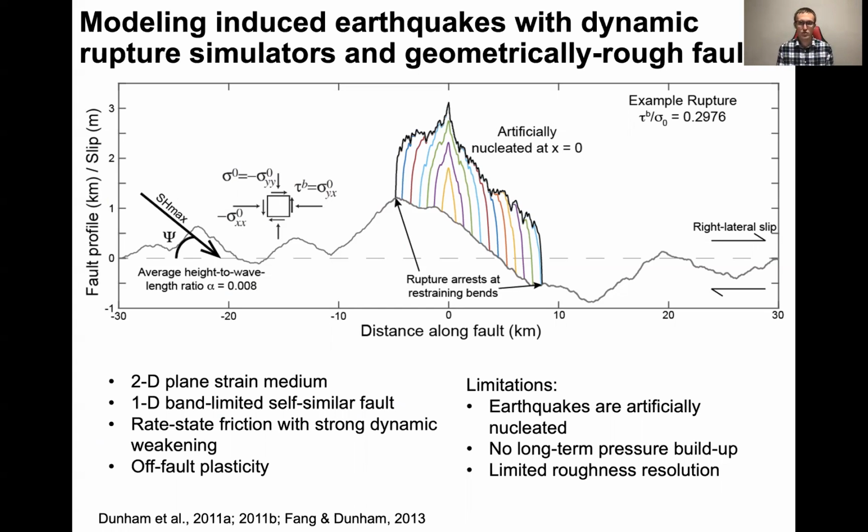We're parameterizing the stress in that medium with the resolved normal and shear stresses on a planar fault of some orientation. The limitations of this model are that earthquakes are artificially nucleated. So unfortunately, we can't gradually increase the pore pressure until we get nucleation. We have to impose the pore pressure at the beginning, and we artificially initiate the rupture.